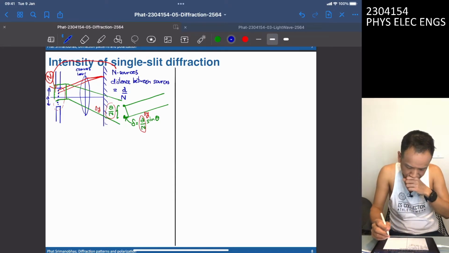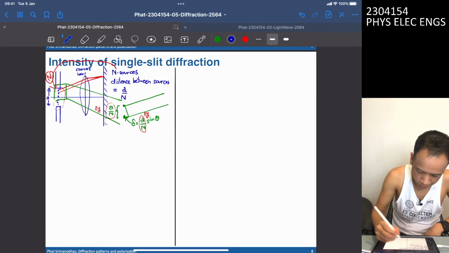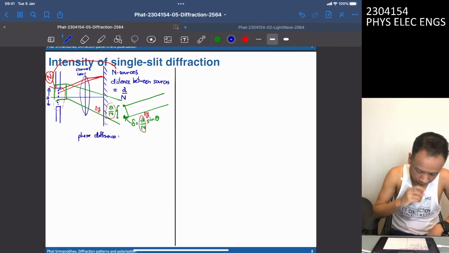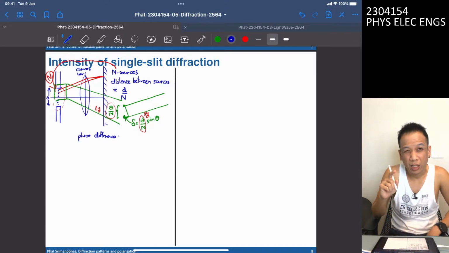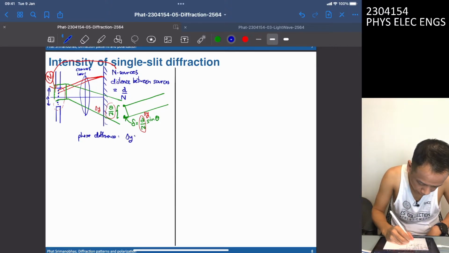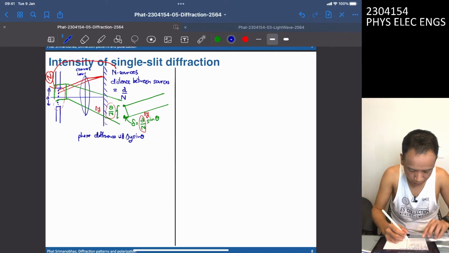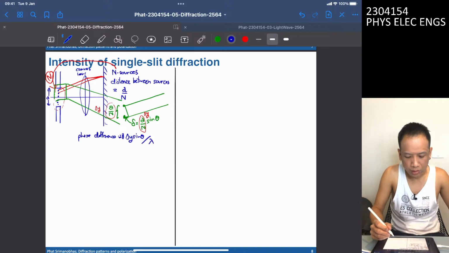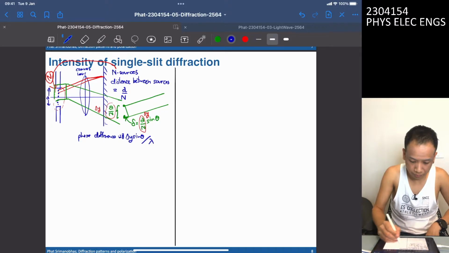So what is the phase difference in this case? If you have lambda, it's going to be 2 pi. So with this distance, it's going to be delta y sine theta times 2 pi divided by lambda. So this is the phase difference.